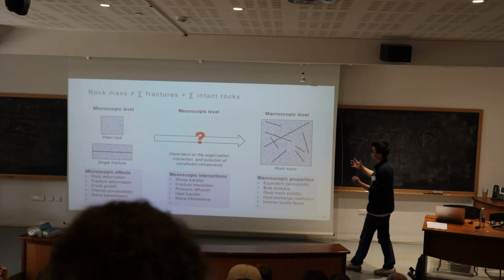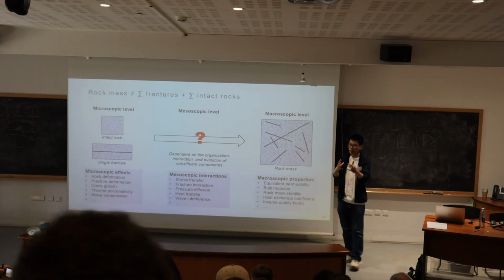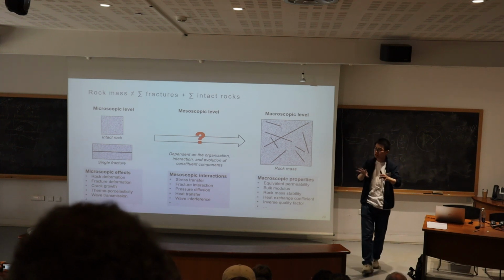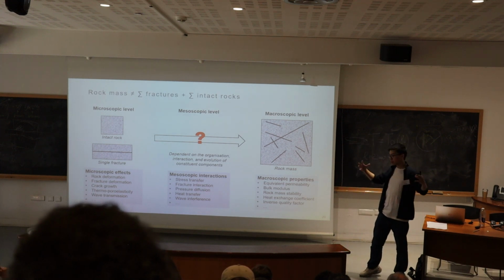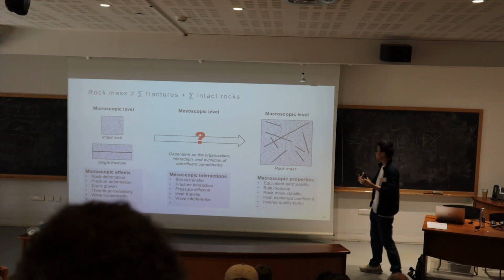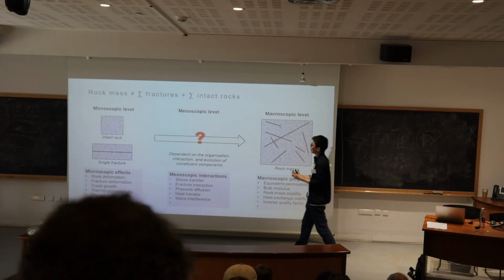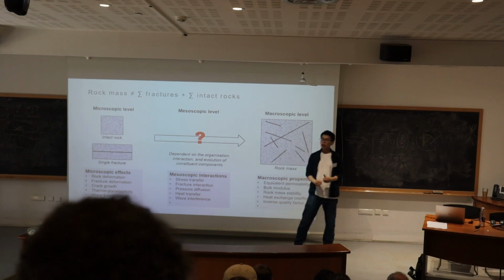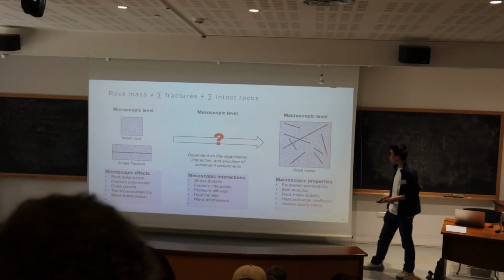This mesoscopic interaction brings together all the different fractures. It basically captures how the fractures communicate and interact with each other, and how they co-evolve over time in the system.